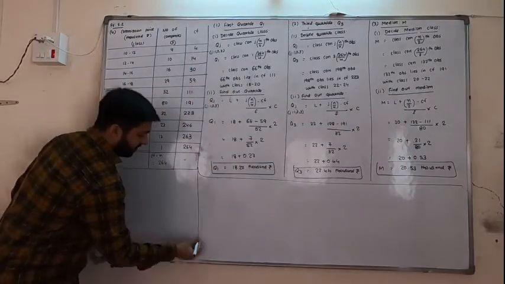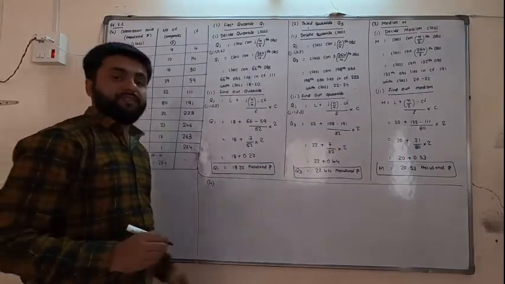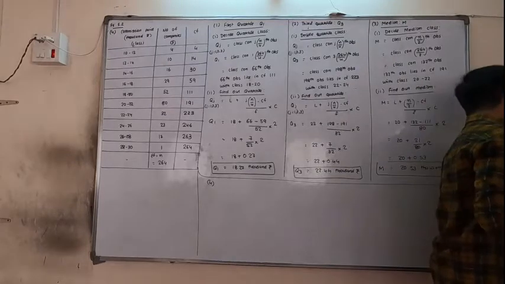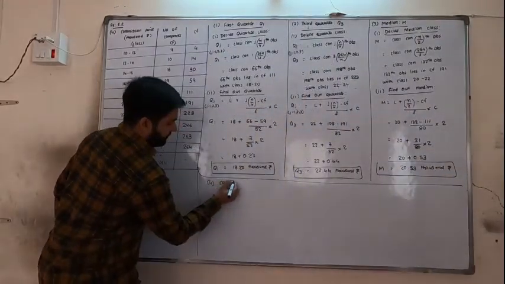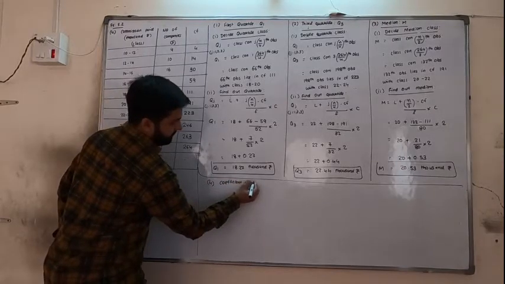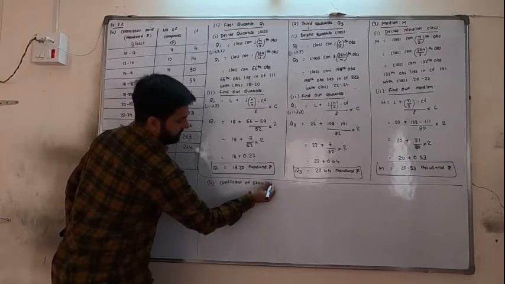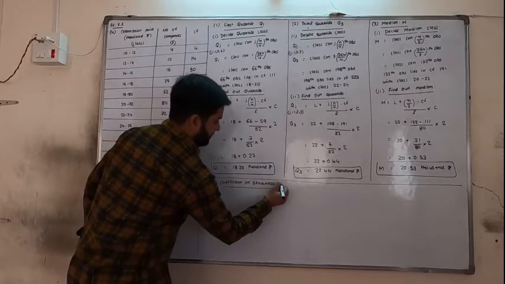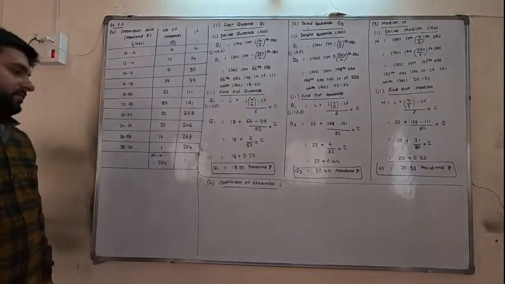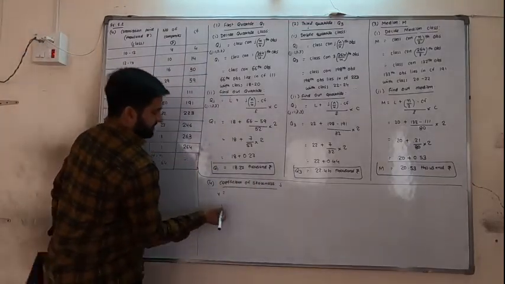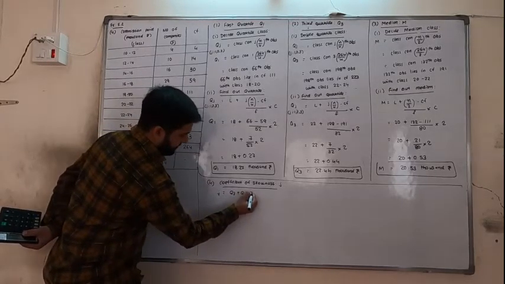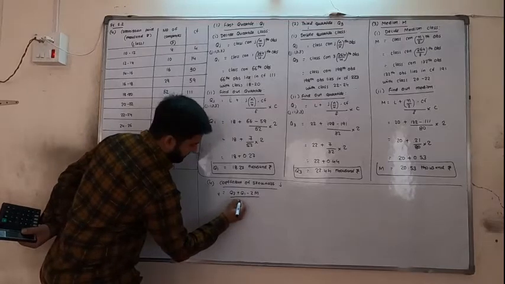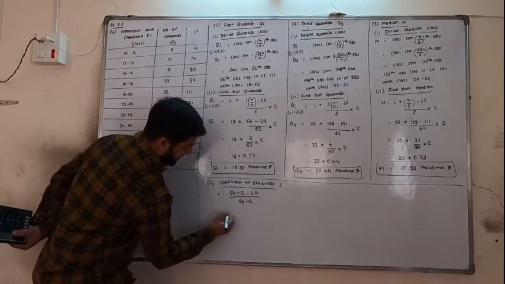Now we only have to find the coefficient, because in the question only the coefficient is asked. Coefficient of skewness J equals (Q3 plus Q1 minus 2M) divided by (Q3 minus Q1).